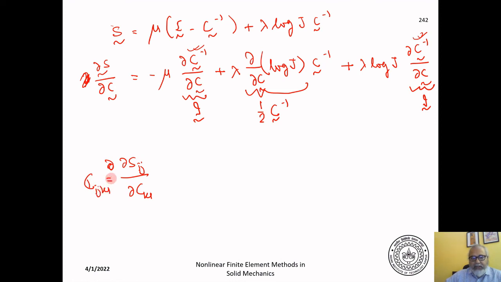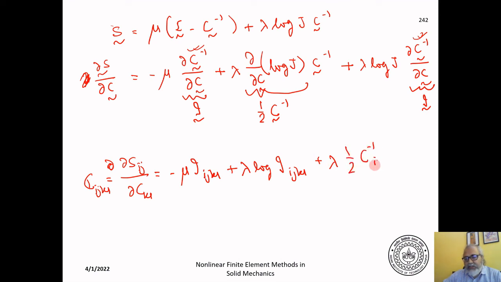The first term would be minus mu I IJKL. The last term would be plus lambda log J I IJKL, and this should be lambda times half C inverse Ij C inverse KL.